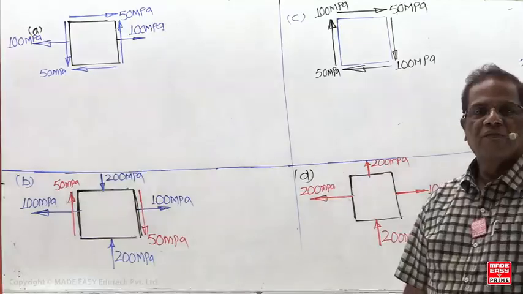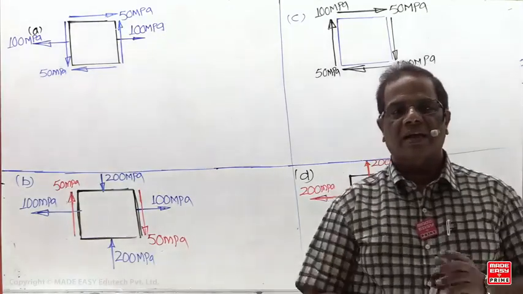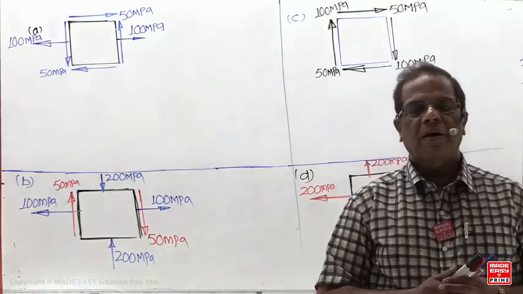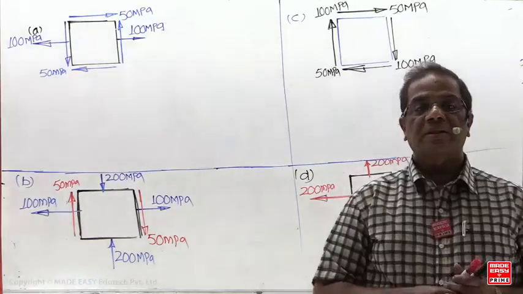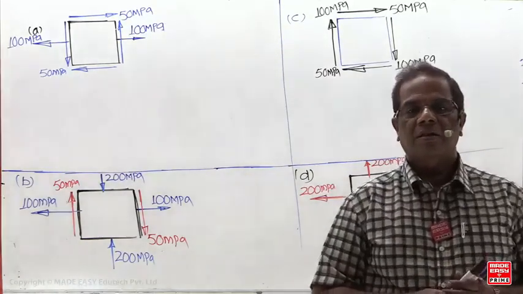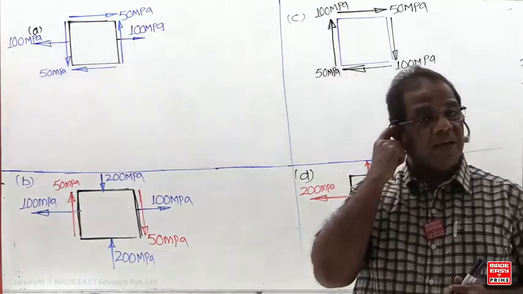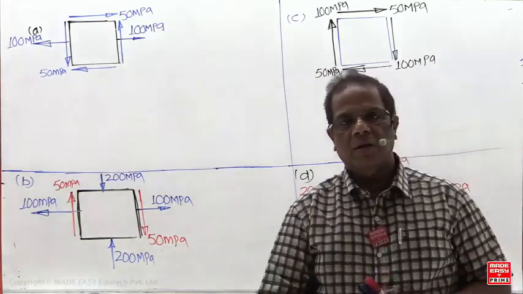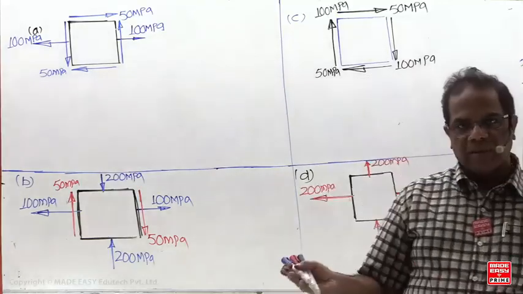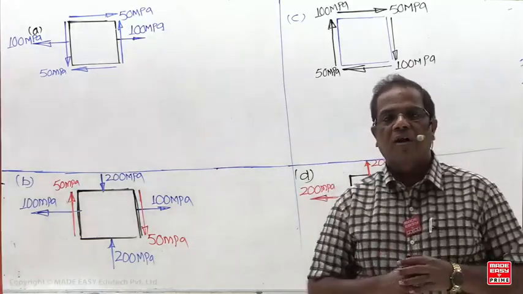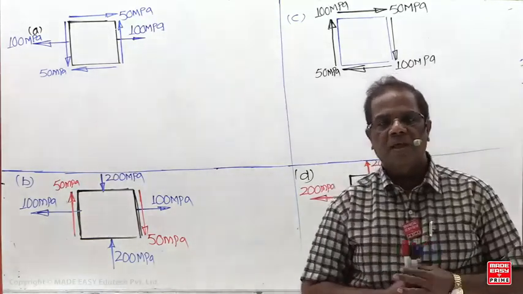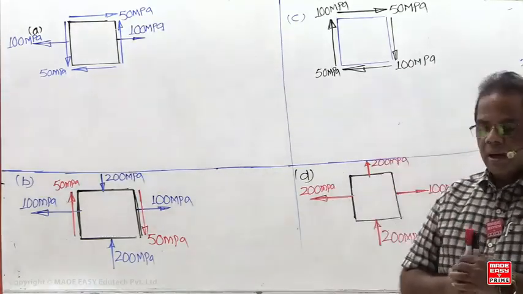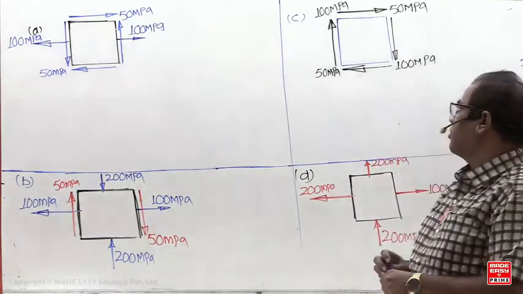Almost 50% of the students give the correct answer directly. It was given in one of the ESE papers, but 50% give an incorrect answer. Somebody gives A, somebody B, C, D. It is an MCQ question, not even MSQ. Only one answer is possible. Which of the following figures represents the biaxial state of stress at a point?